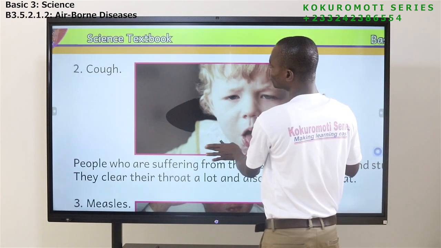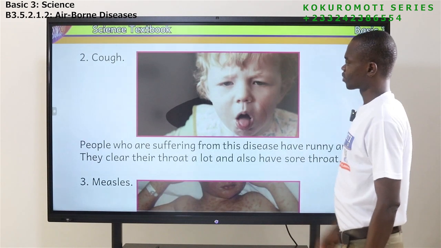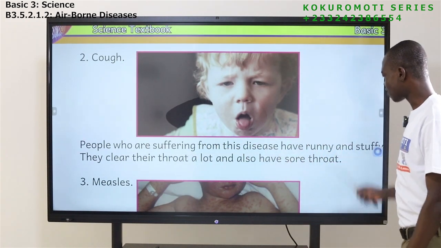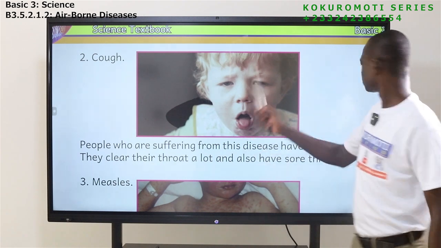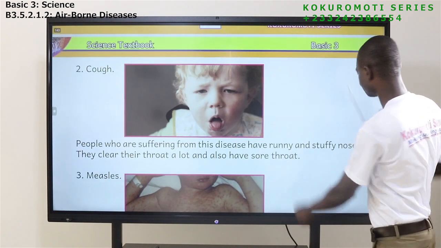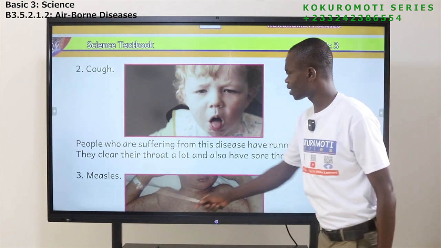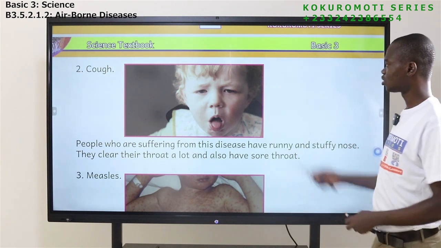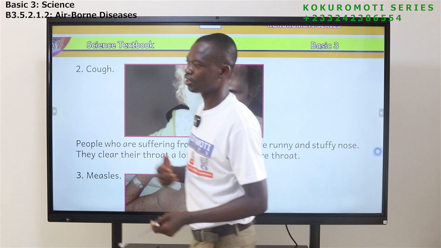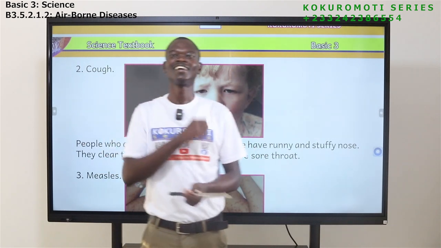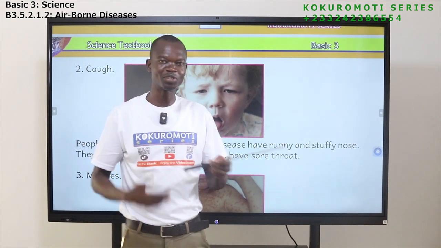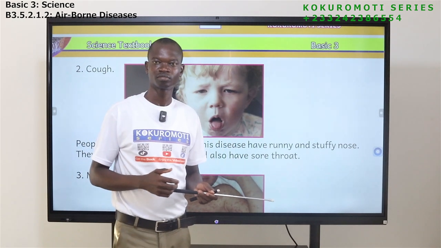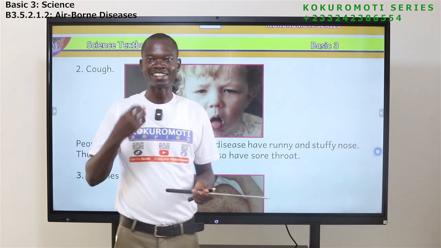So now let's see what we have under it. People who are suffering from this disease have running and stuffy nose. They clear their throats a lot and always have a sore throat. So these people, they'll be coughing, and then they'll be clearing their throat. I'm trying to do that, but it's not coming.